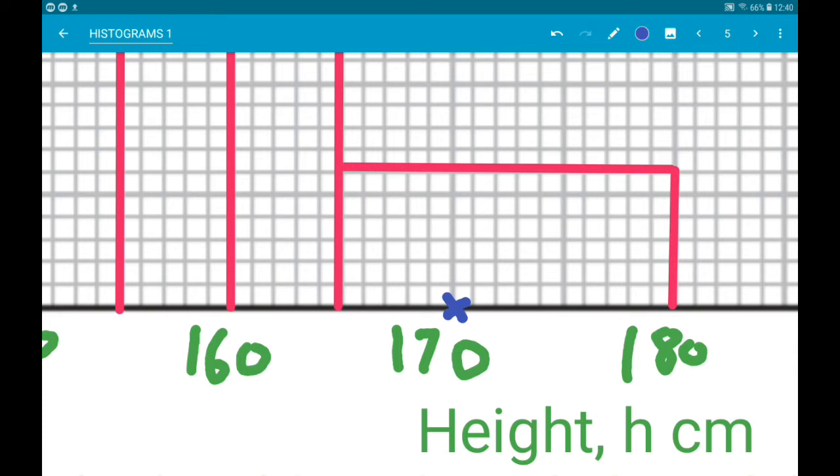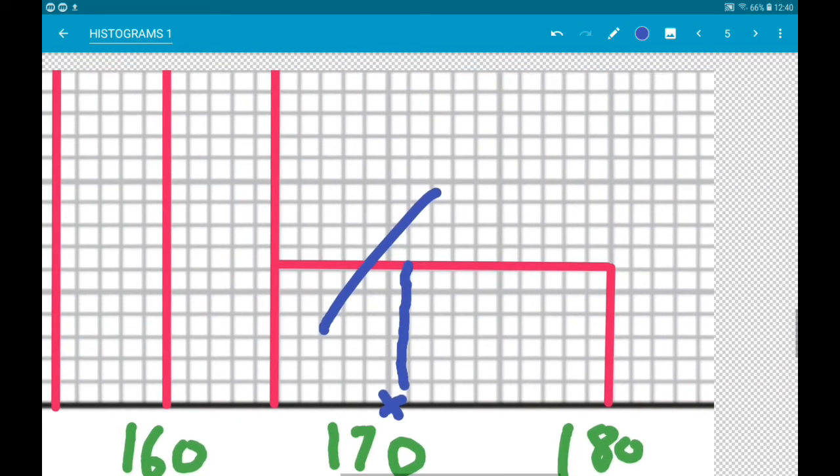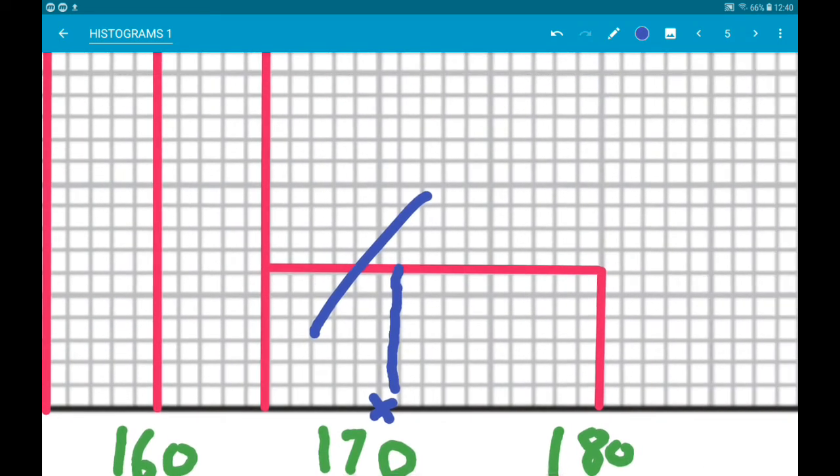The bit that we can't is this bit here. So the area of this is going to be, well, it's got a width of 5 and a frequency density of 1.2. So 5 times 1.2 is 6.